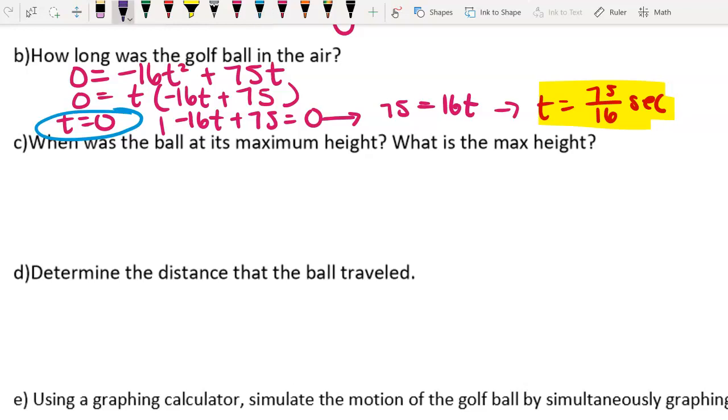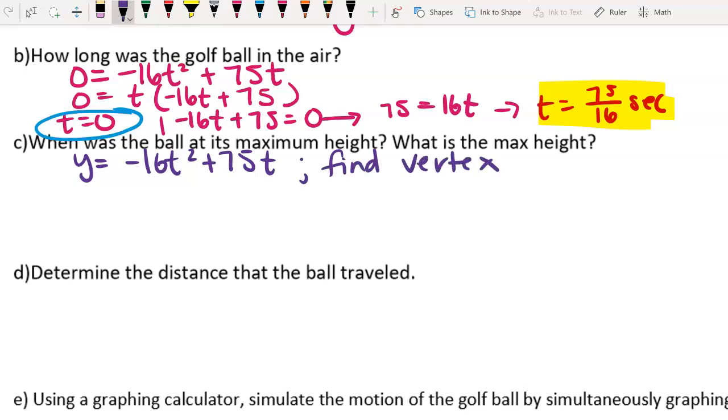Okay, so I'll copy that over. Y equals negative 16t squared plus 75t. Yep, find the vertex. But how do we find the vertex? The x coordinate of the vertex is negative b divided by 2a.